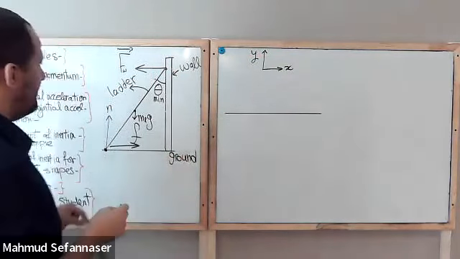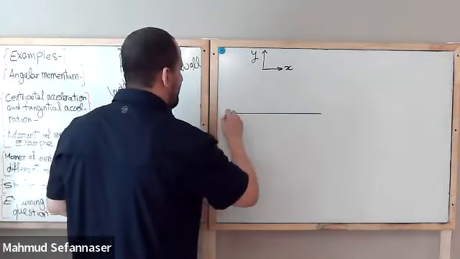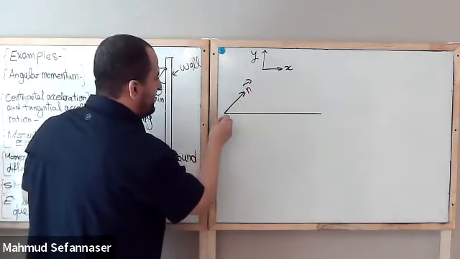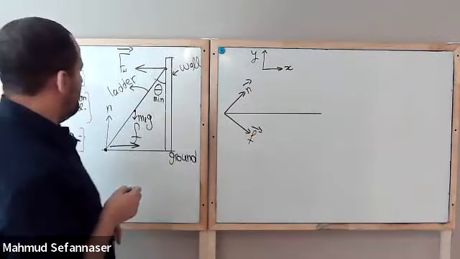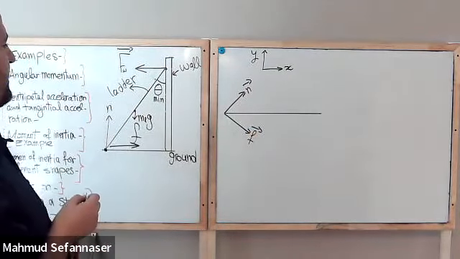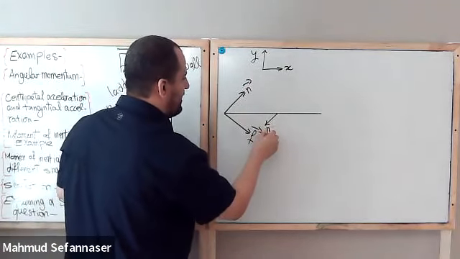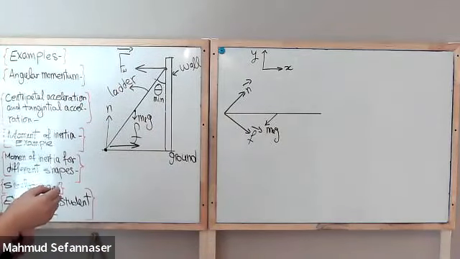So let's see what we have. We have N in this direction, and we have friction force in this direction. And what else do we have? We have M ladder G in this direction. So hopefully you can see that, guys.